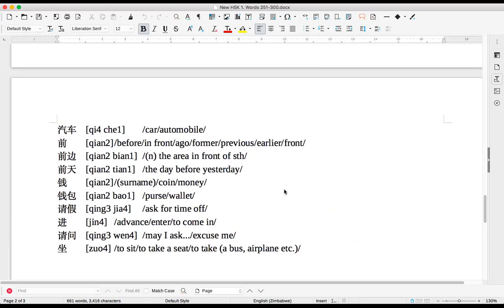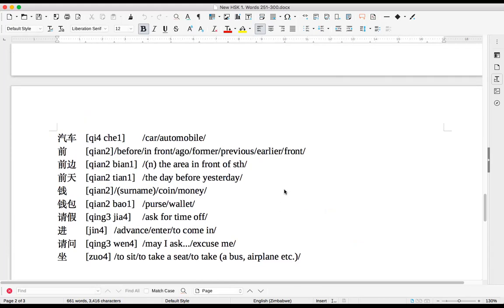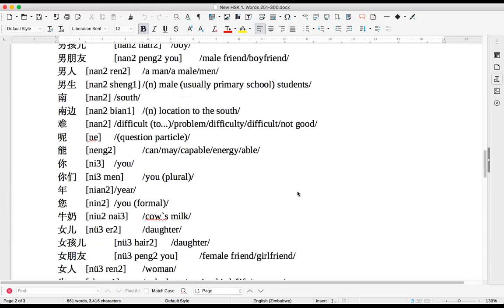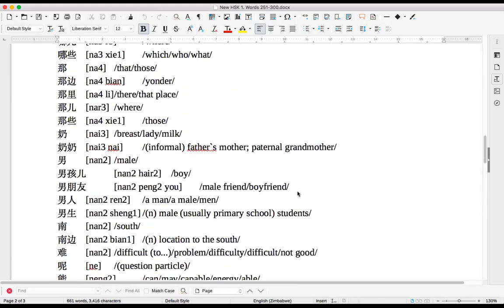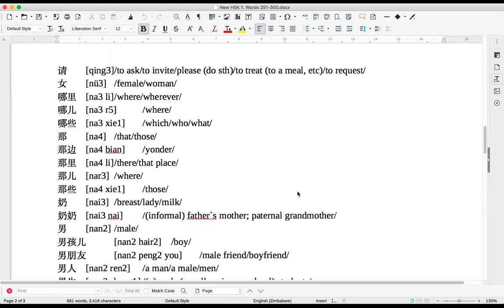I can see the first character, na, and the different variations: nali, nar, nasye. It helps me remember them by seeing them in order.